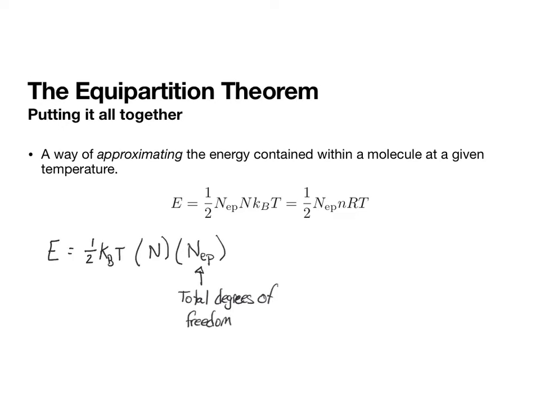And if we wanted to put this in terms of moles, we can. We just have to use R and n for our number of moles. This is a way of approximating the energy contained within a system of molecules, in number of molecules, at a given temperature.